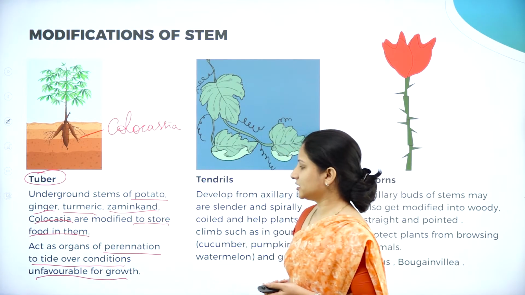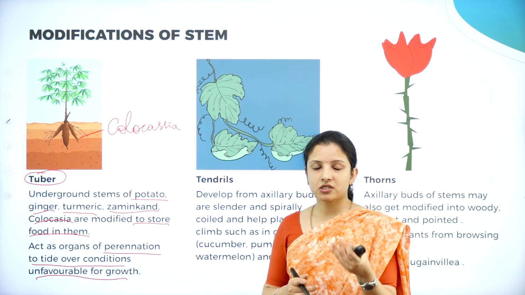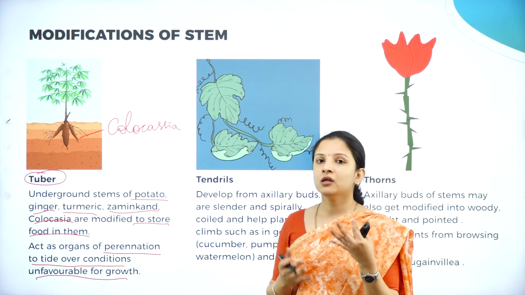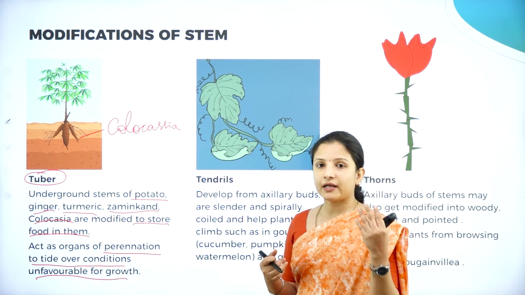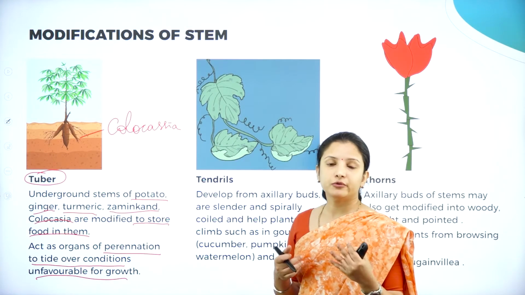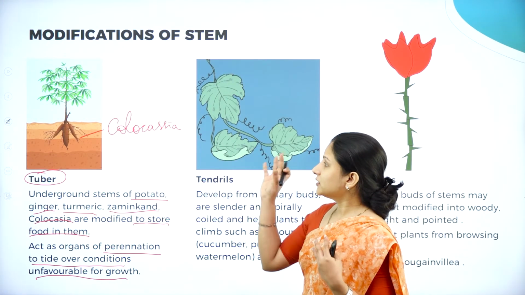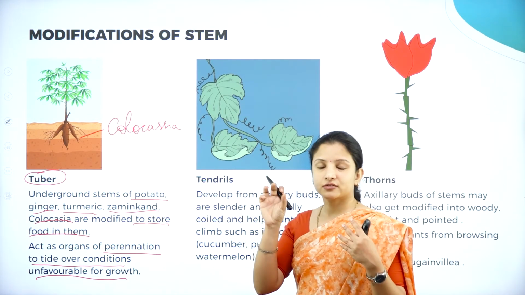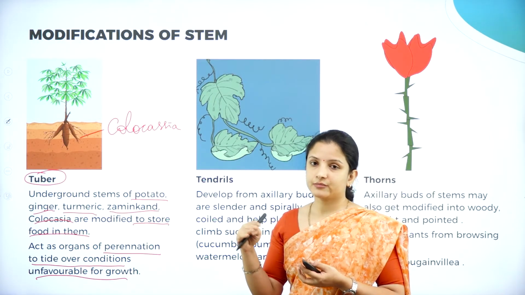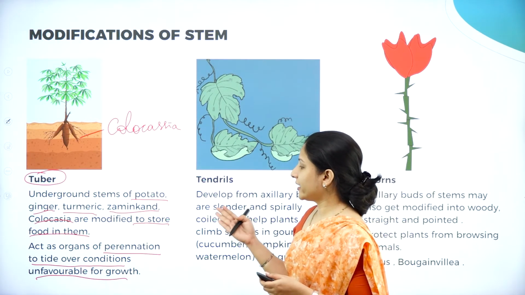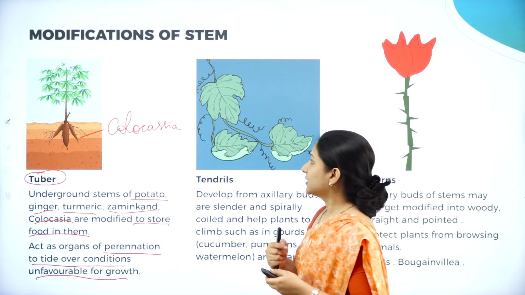Whenever an unfavorable condition occurs, wherein maybe the soil has lost all its fertility or minerals, the plants are not able to manufacture their own food. In such conditions, the food reserve, that is the tuber, will help the plant to nourish itself properly. Therefore they help the plant grow properly during unfavorable conditions.